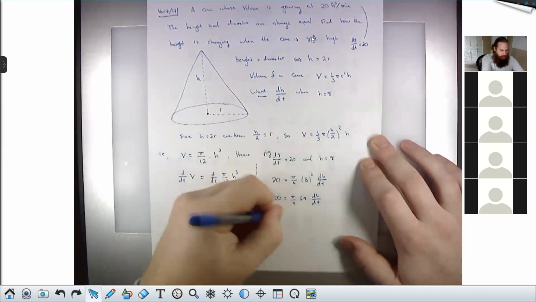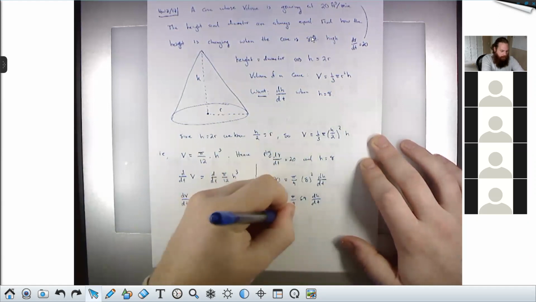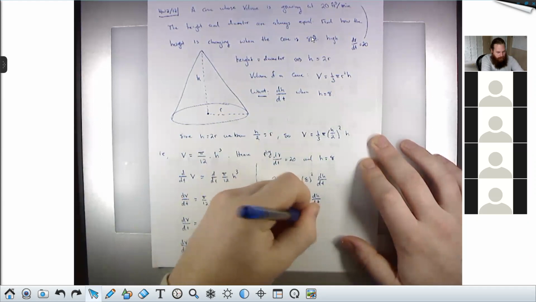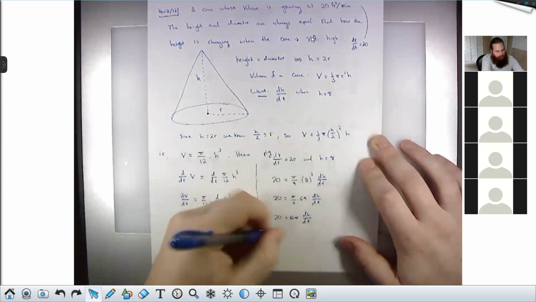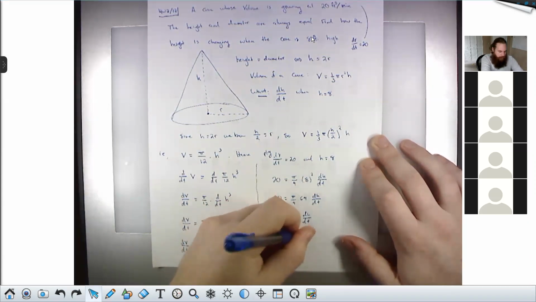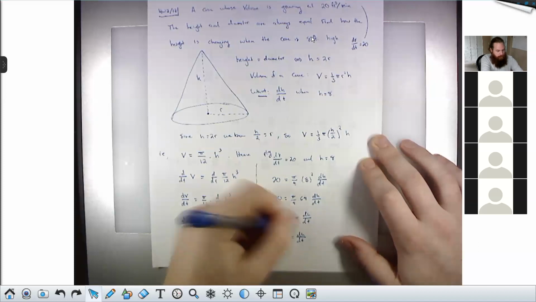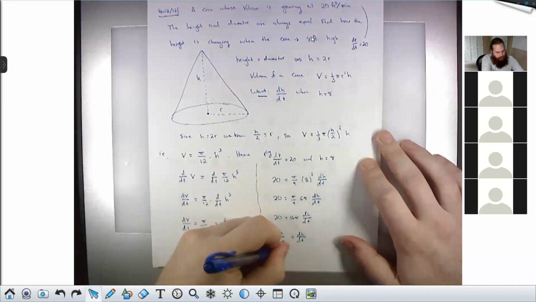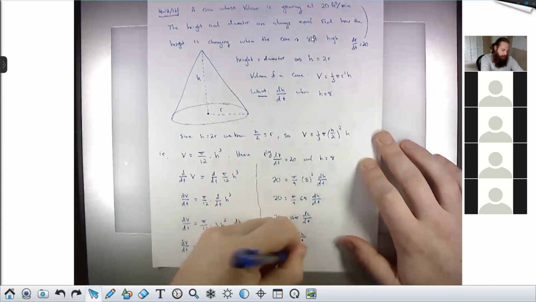64 divided by 4 is 16, so 20 equals 16 pi dh/dt. So 20 over 16 pi equals dh/dt. And there's a factor of 4 here that you could cancel, so 5 over 4 pi equals dh/dt.